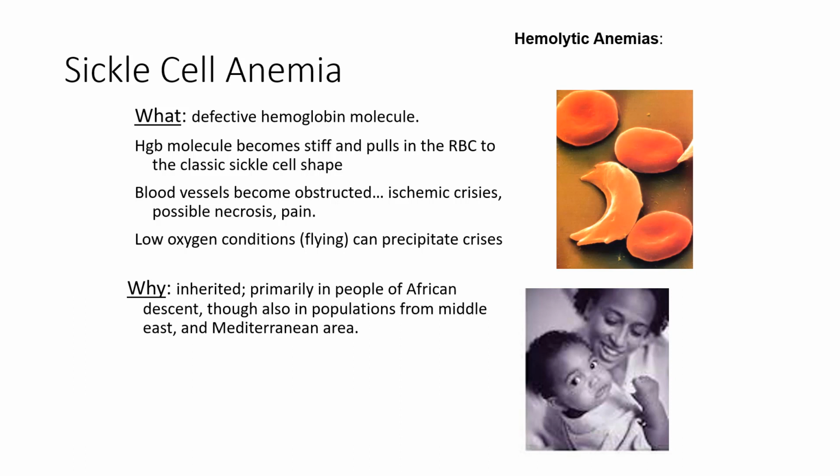And then this classic sickle cell shape becomes obstructed, I think I have a picture on the next slide, in the arteries, which causes ischemic crises in these patients, which can lead to tissue necrosis and quite a lot of pain. It's primarily from people from Africa, or those that have emigrated from Africa in past generations.